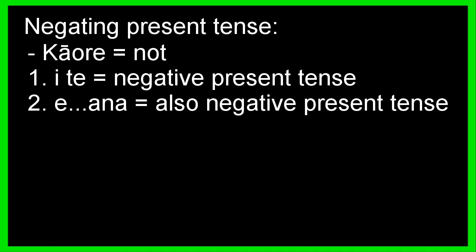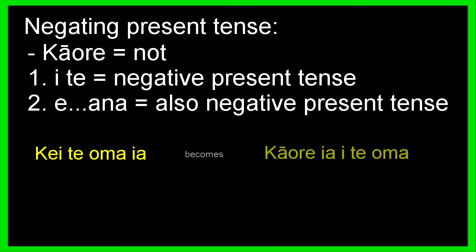Number two, e, ana remains the same for both active and negative sentences, as in the following. Kei te oma ia, he is running, becomes kaore ia i te oma, he is not running.